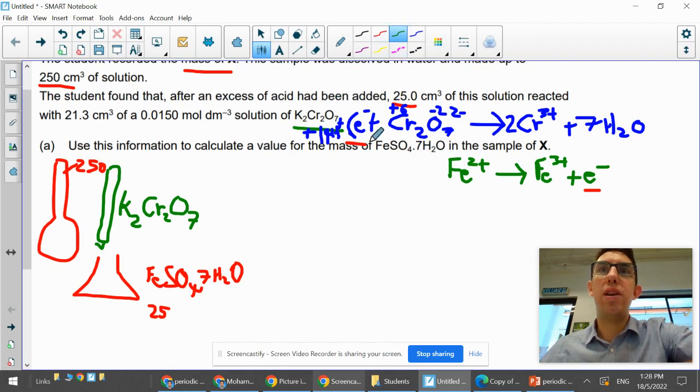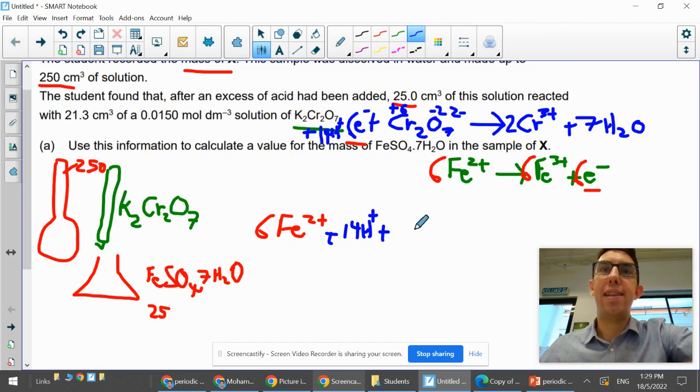Let me write those 2 equations out. We can times this one by 6, because this needs 6 electrons and this is only giving up 1. So if we times everything by 6, now this is giving up 6 electrons and that's needing 6 electrons. So we can write both equations now. Here's the 6 Fe2+, plus the 14H+.